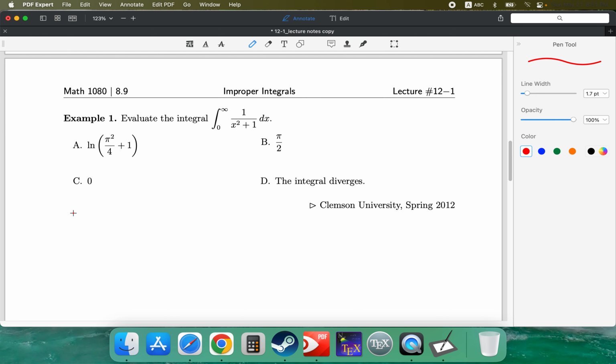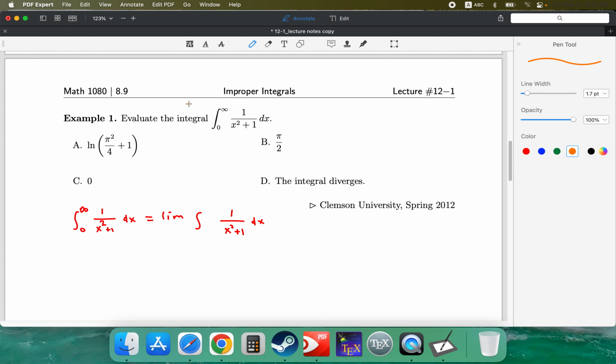Let me write down the integral of 1 over x squared plus 1 from 0 to infinity. The first thing you want to do is to set up the limit of the integral of 1 over x squared plus 1 dx.